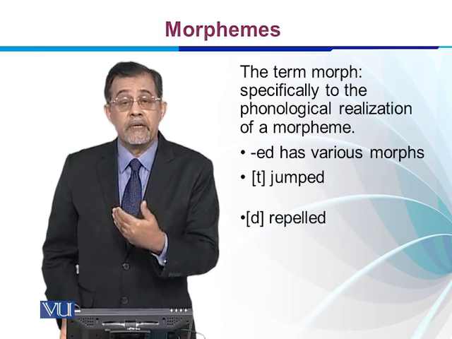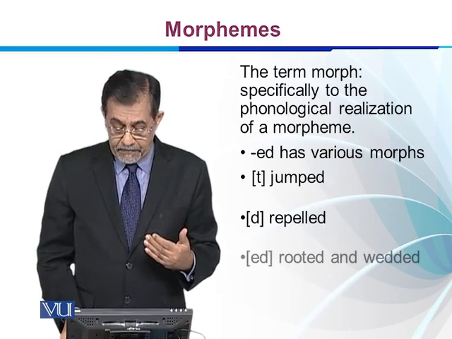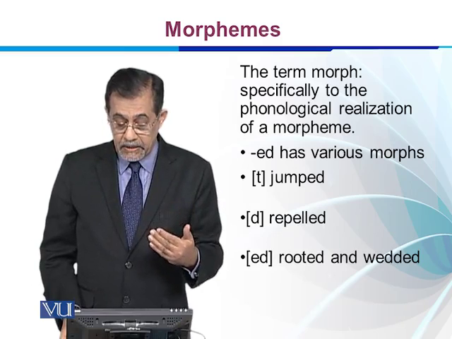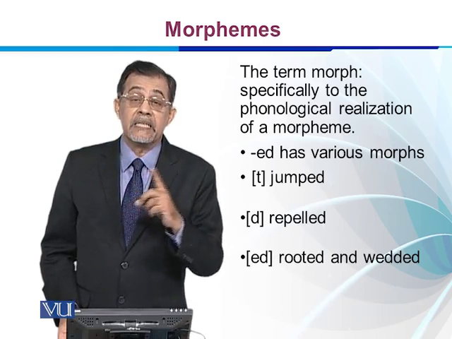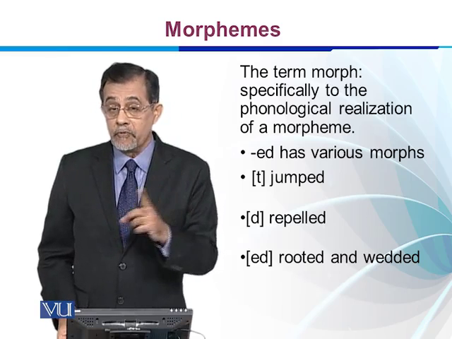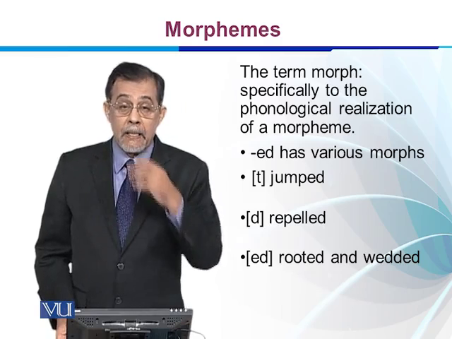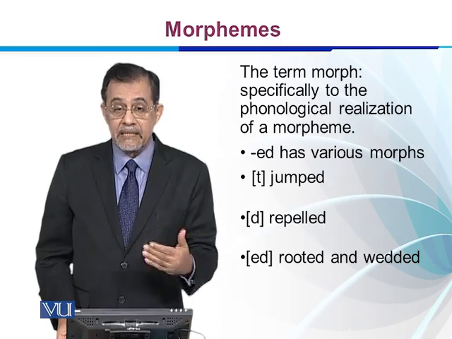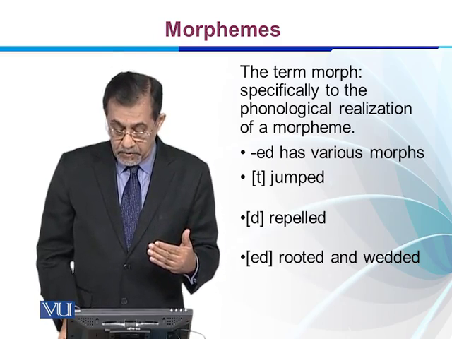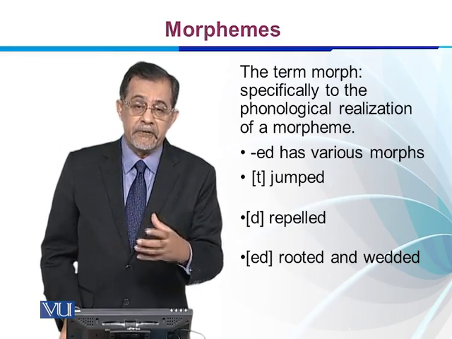So we have the same sound as d. Rooted, we have alveolar voiceless, but after an alveolar voiceless stop, we cannot make it t as we did after the bilabial voiceless. Here we have to keep it as ud, right? So in different environments, it behaves differently.